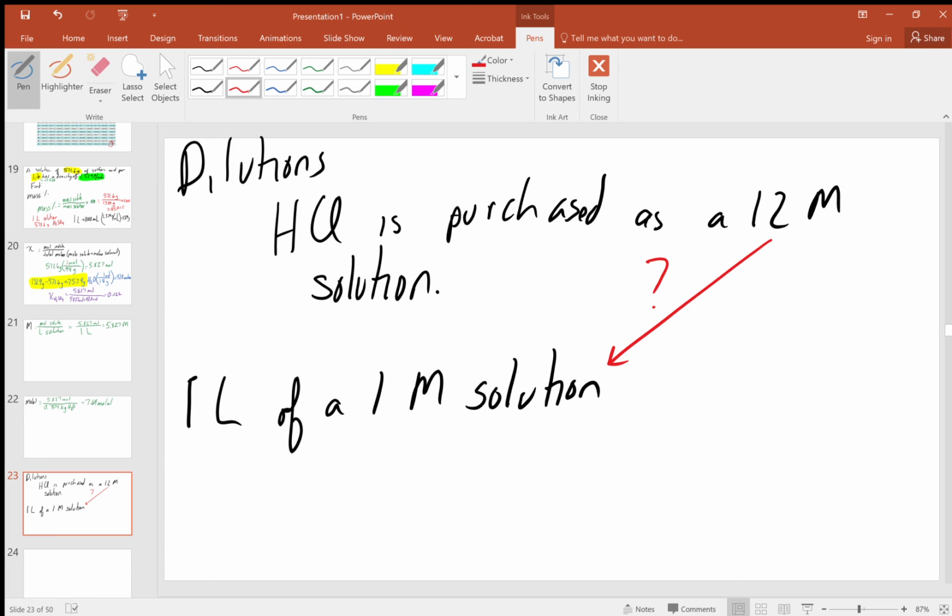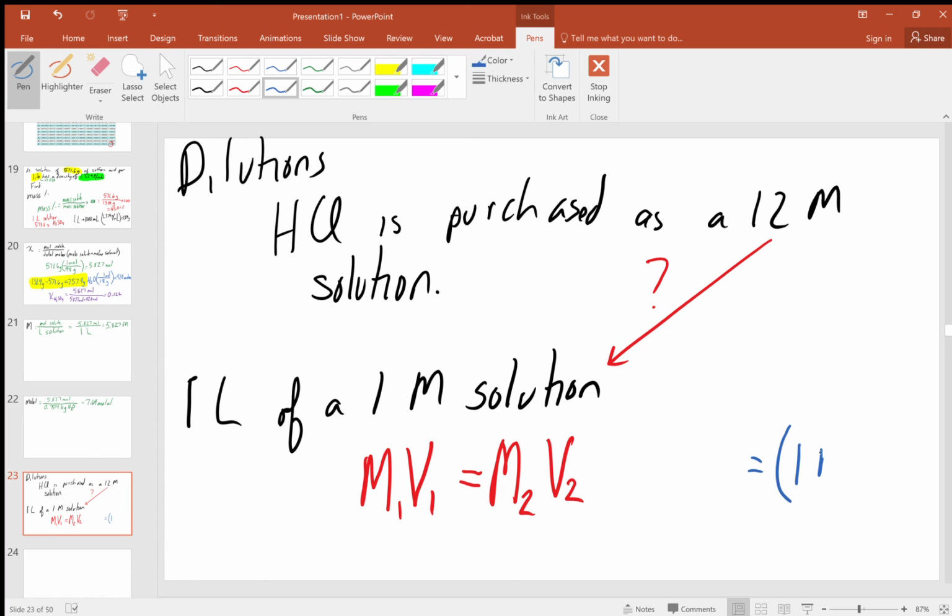Well, what we're going to do is keep the same number of moles constant. And so we find if we take our initial molarity times our initial volume, that will be equal to the new molarity that we need times the new volume. So here we want to make a 1 molar solution and we want 1 liter of that.